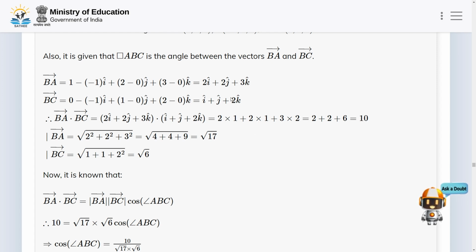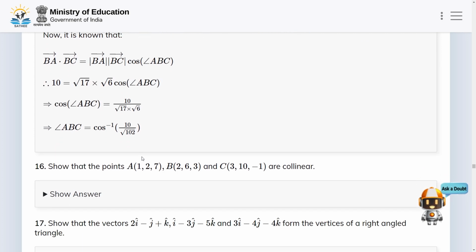You are having your two vectors. Now you can easily find the magnitude of the BA vector and the BC vector. The magnitude of the BA vector is √17 and of the BC vector is √6. Now you have your formula that vector BA dot product with vector BC is equal to the product of their magnitudes multiplied by cos theta, where theta is the angle between the BA and BC vectors, which we are representing by angle ABC.